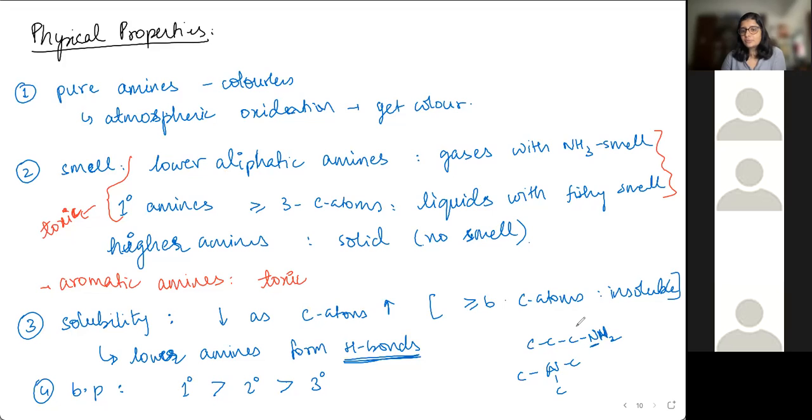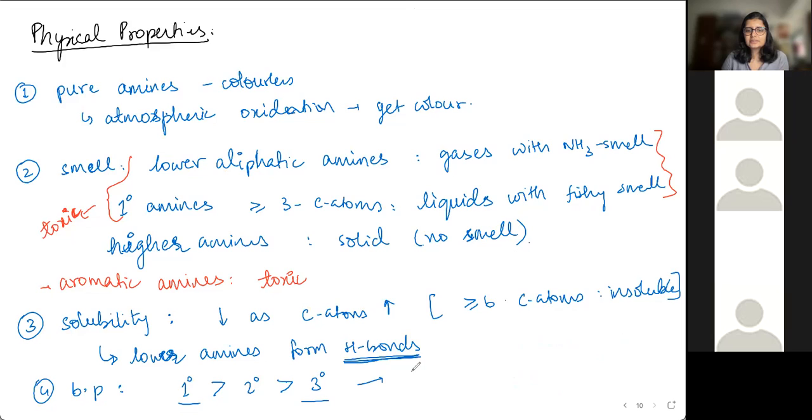So both these factors come into the picture. If I take a certain molecular mass, primary is always greater than secondary, greater than tertiary. So that one criterion I need to keep fixed. Otherwise, as molecular mass increases, boiling point increases, so that's going to disturb it a little. But if you have similar molecular masses, primary will have the highest, tertiary will have the lowest.